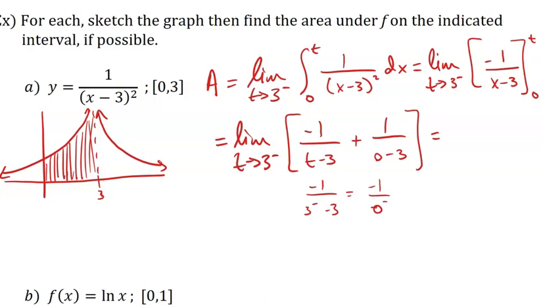And so I have a negative 1 divided by a very, very tiny negative number that approaches positive infinity. So this goes to infinity, so we are going to say it diverges. Okay, therefore diverges.